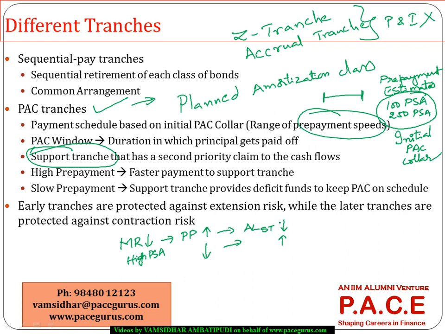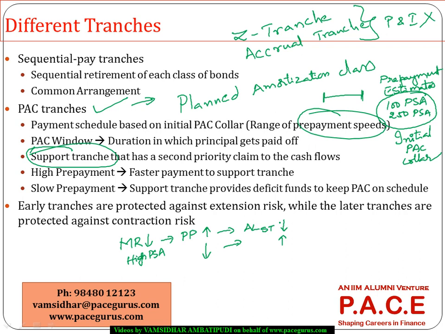And just to summarize this understanding, whenever we are talking about prepayment risk, we are looking at both extension risk and contraction risk, where contraction risk can occur if interest rates are falling and prepayments are increasing. Extension risk occurs when interest rates are rising. When it comes to the sequential pay tranche, the parties receiving the principal in the initial periods are exposed more to contraction risk, but very little extension risk.